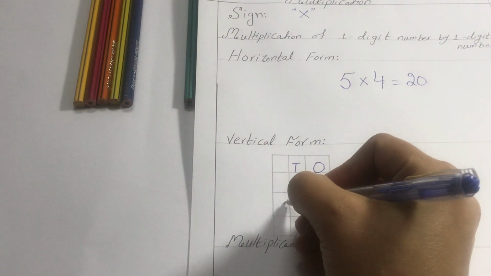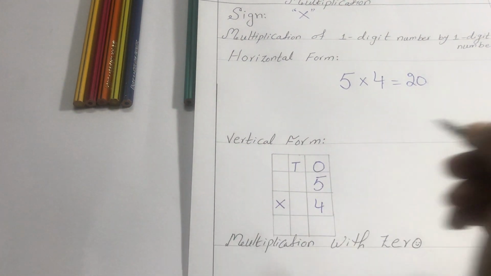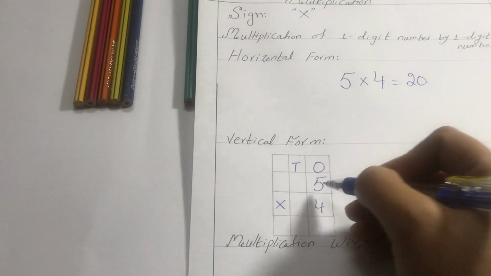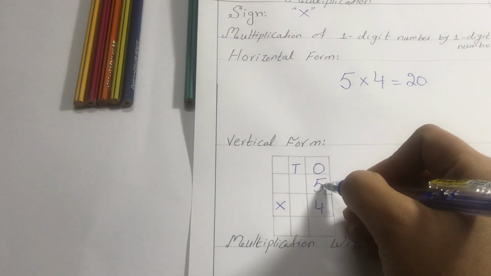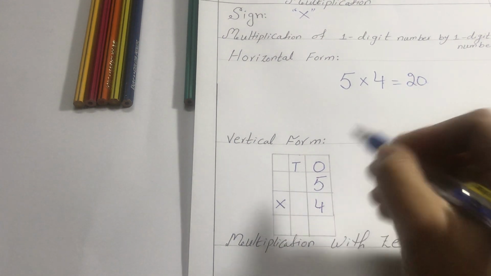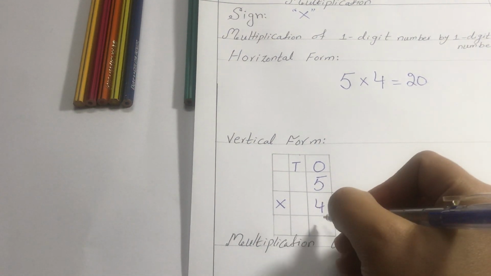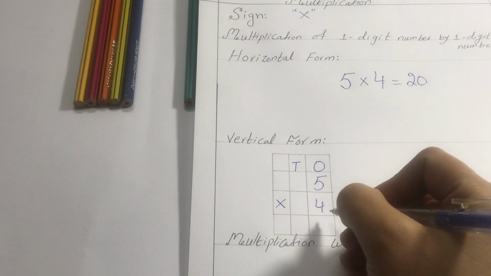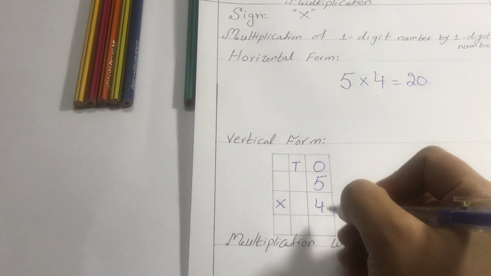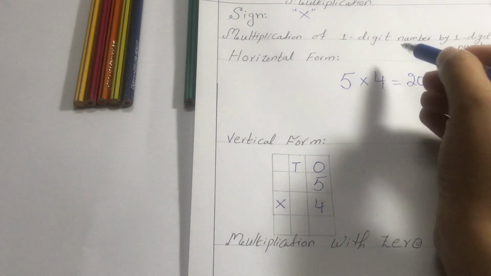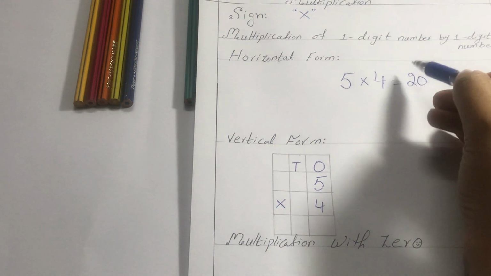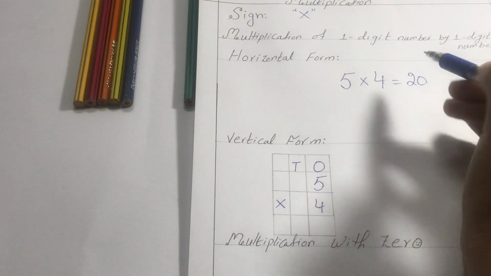Then we will write a multiplication symbol. So 5 times 4 or 4 times 5, you will get the answer 20, right? And in 20, 0 is on the ones place and 2 is on the tens place.